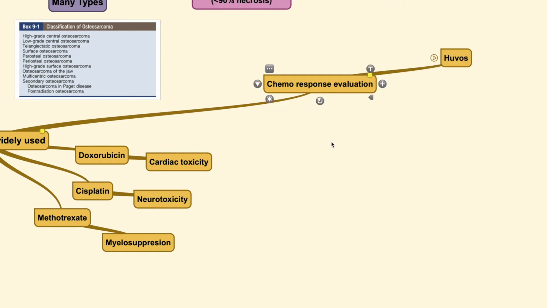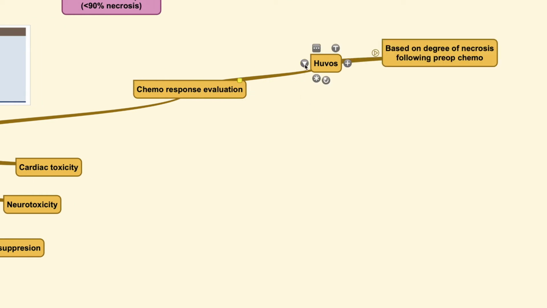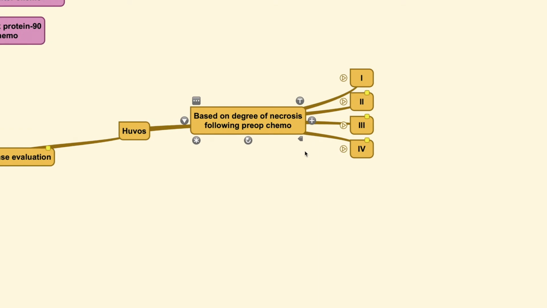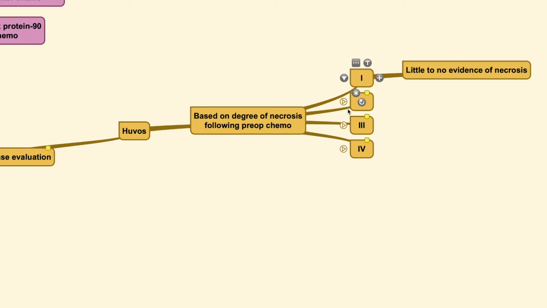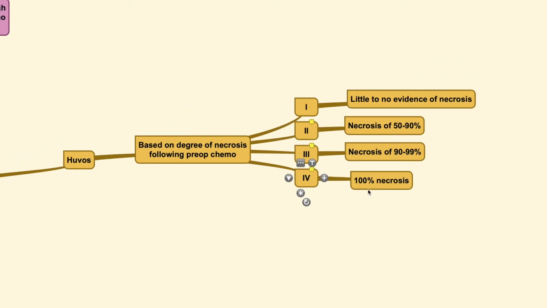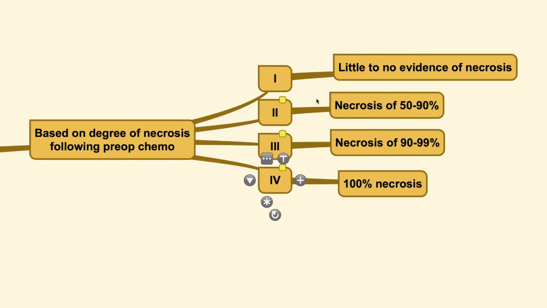I've mentioned before that when people have poor chemo response, it generally means they have poor prognosis, and usually chemo response in osteosarcoma can be graded based on the Huvos grading system. In this scheme, the patient usually undergoes chemotherapy before the operation, and following the operation, the tissue samples obtained during surgery are evaluated for their necrosis rate.